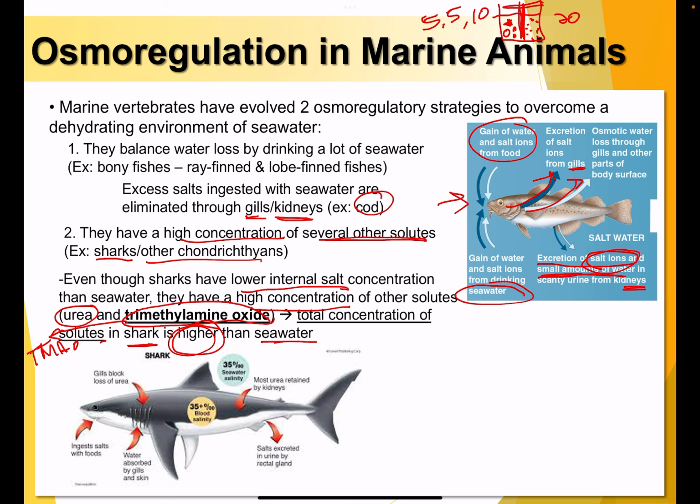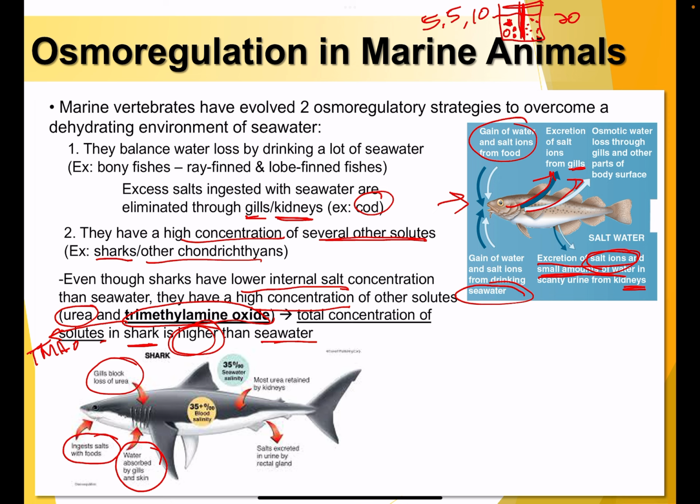So even though the shark can ingest food that has some salt in it and a little bit of salt water in it, their gills can block loss of urea. That's their little adaptation. And then water can be absorbed by the gills and the skin because the whole entire shark's body and all their cells have slightly higher solute concentration, or are hyperosmotic to its surrounding.